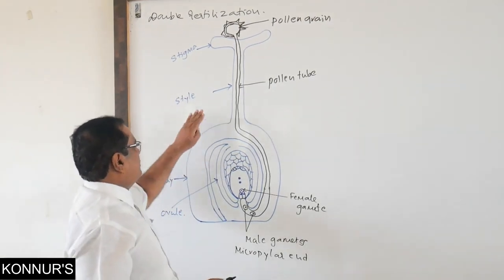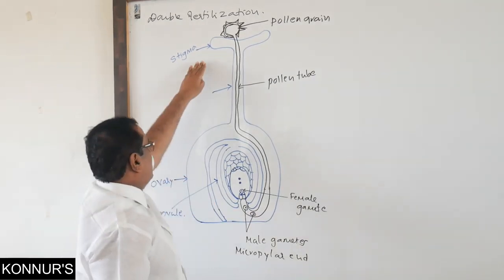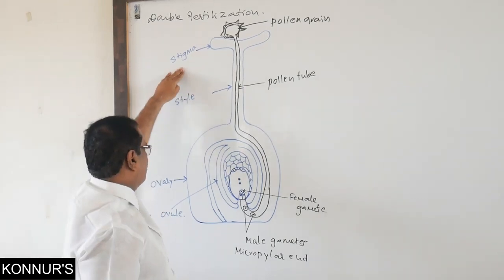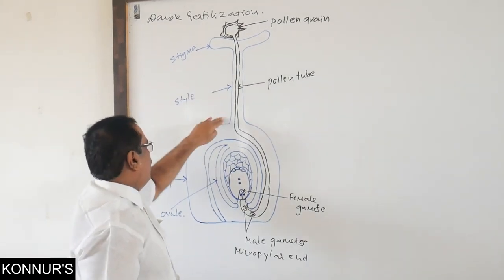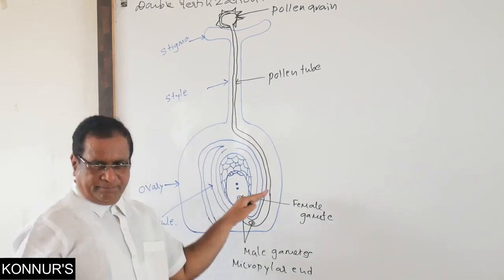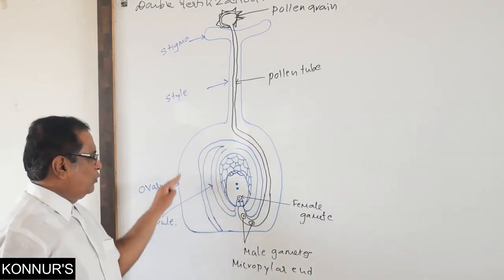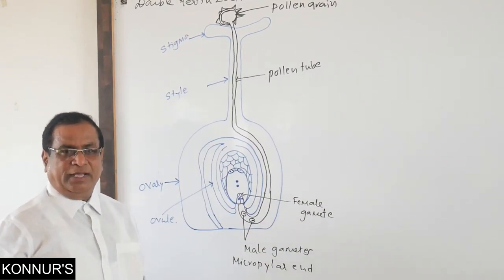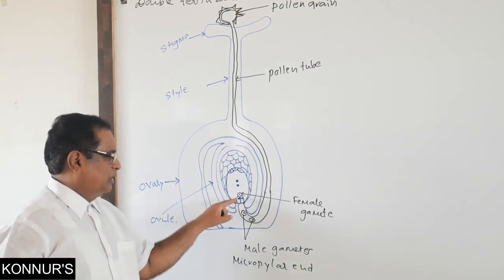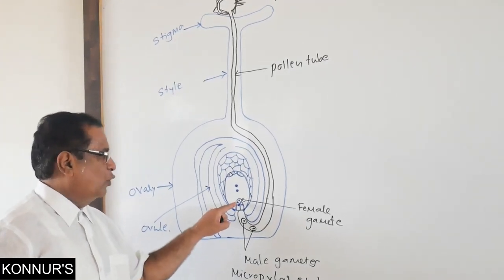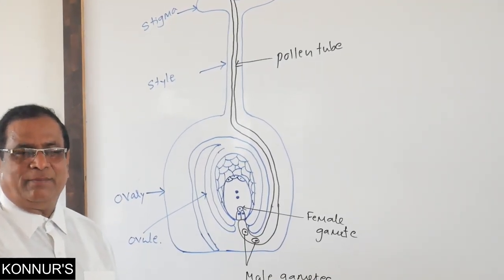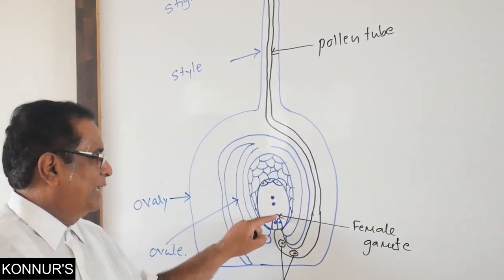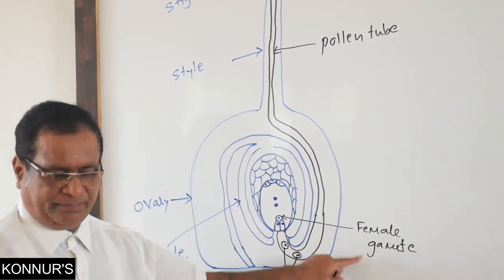Already you know this structure. It's a carpel having the flat form to receive the pollen grain, that is the stigma, a long style, and an ovary. In this ovary there is an ovule with an embryo sac, that is the female gametophyte, in which towards the micropylar end there is a group of 3 cells named the egg apparatus, with 2 synergids and 1 egg cell, that is the female gamete.